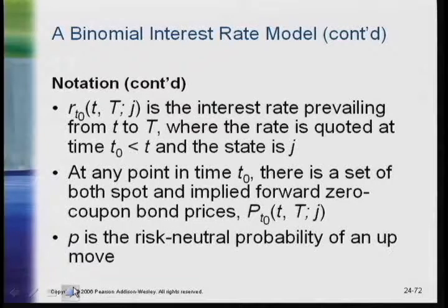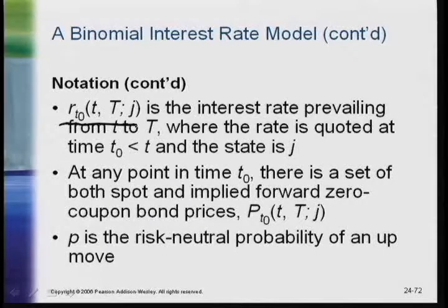So we're going to use this notation where we add an additional parameter j to say this is the spot rate between time little t and time capital T in state J.